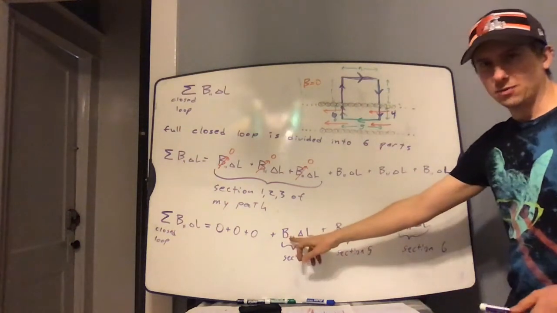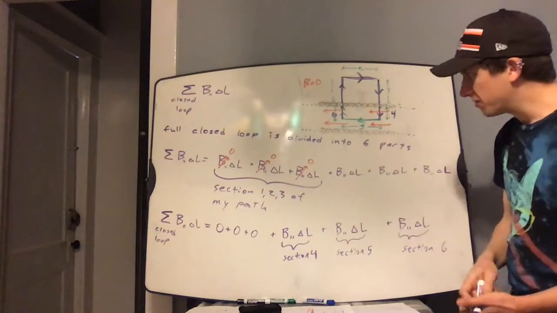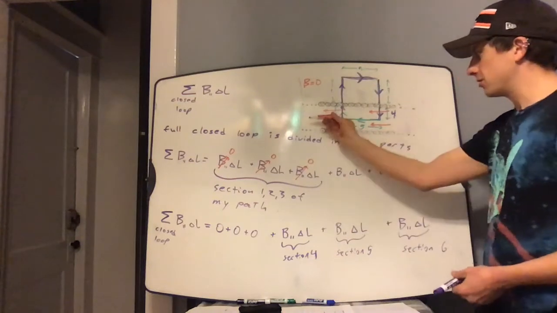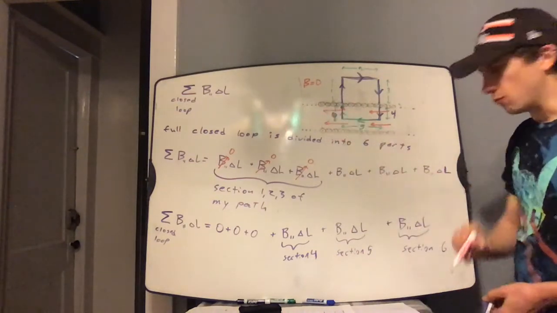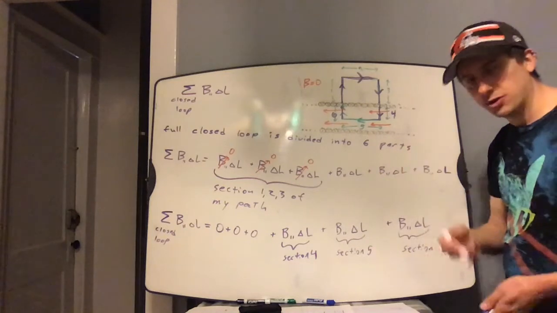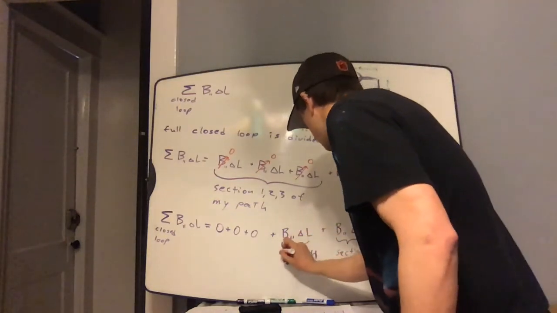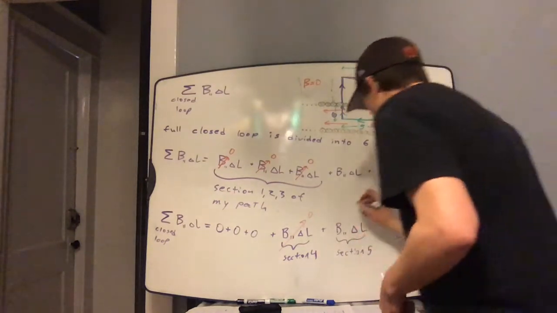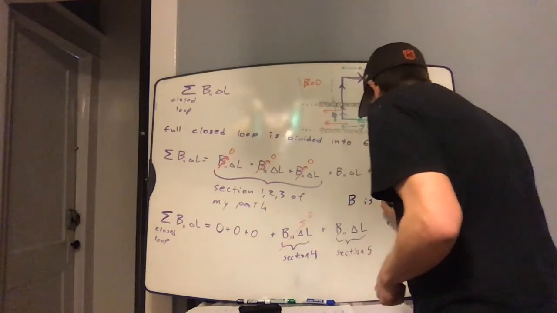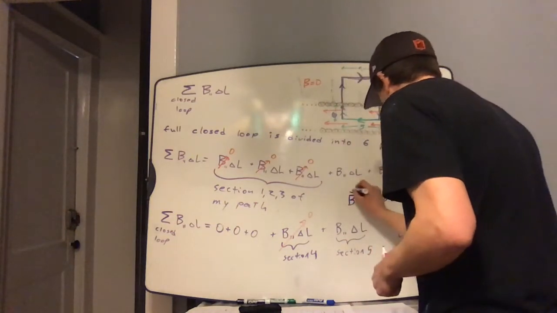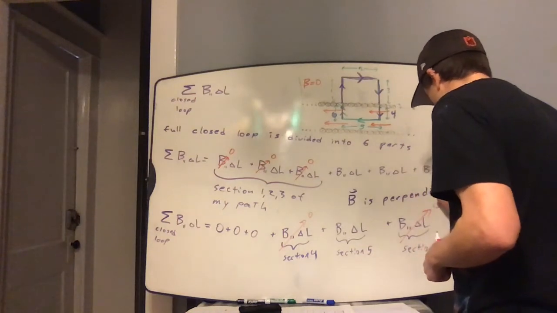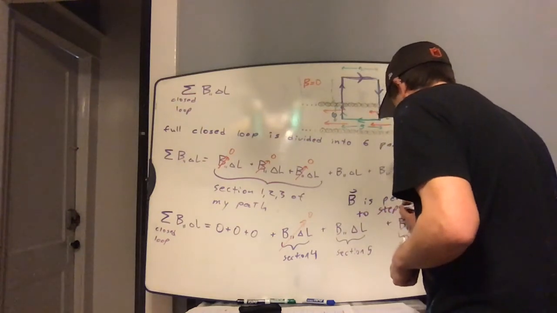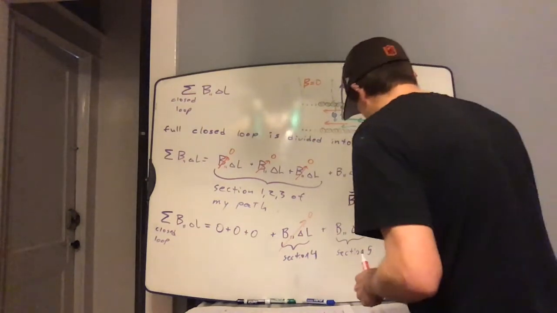The magnetic field is non-zero inside the solenoid, but it points perpendicular to the direction I am walking, so this B parallel term is again going to be 0. So these two terms are also 0, because B is perpendicular to the direction of steps 4 and 6.